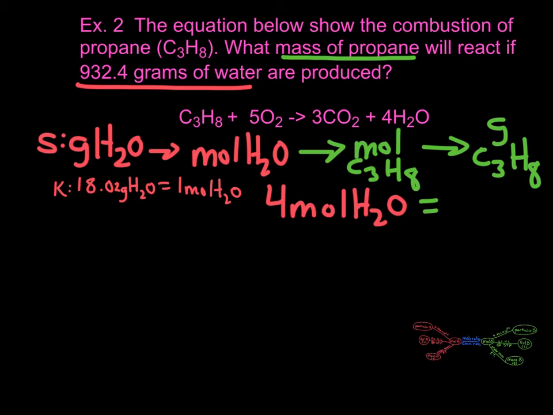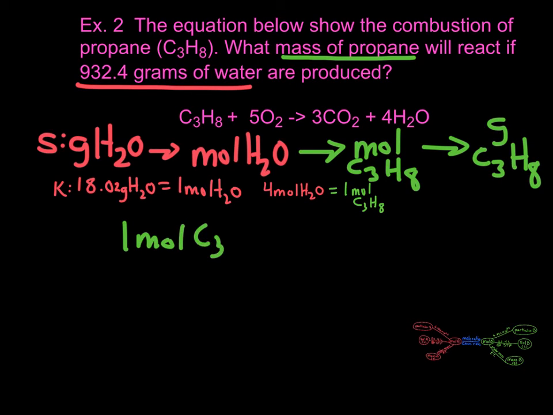There's nothing written, so that's equal to 1 mole of propane, C3H8. And then, using the periodic table and adding 3 carbons and 8 hydrogens, we know that 1 mole of propane is equal to 44.11 grams of propane. Once we have our 3 equalities for our known values, we're ready to calculate.